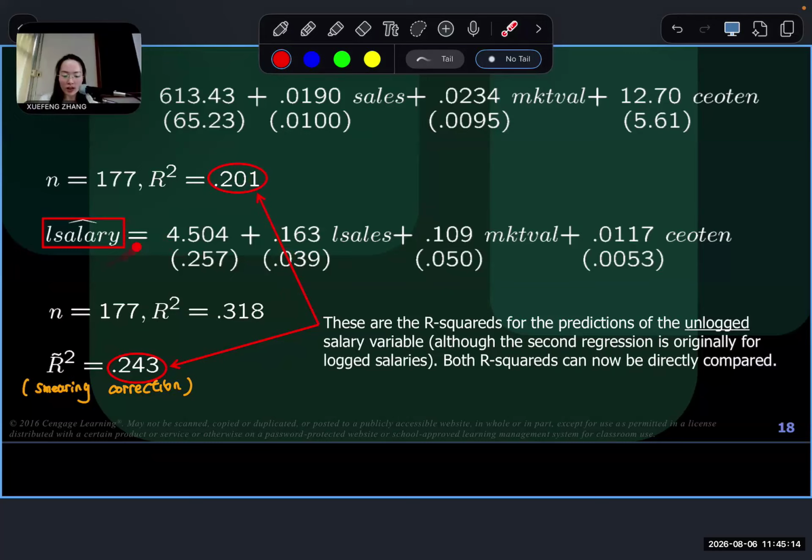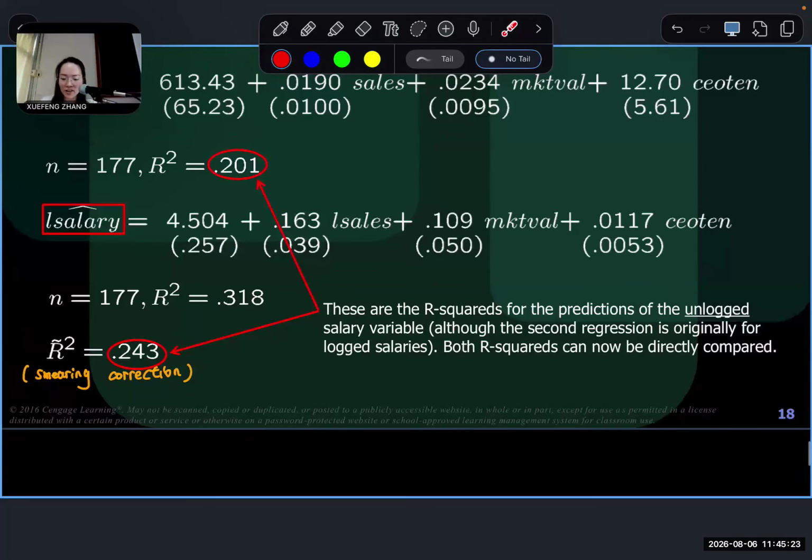So the log transformation is genuinely better, not just an illusion from different scales. Okay, so the takeaway: to compare a logged and unlogged model, convert predictions back to the same unit first, and then compare R squared.